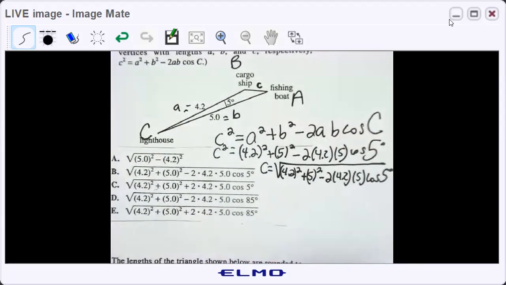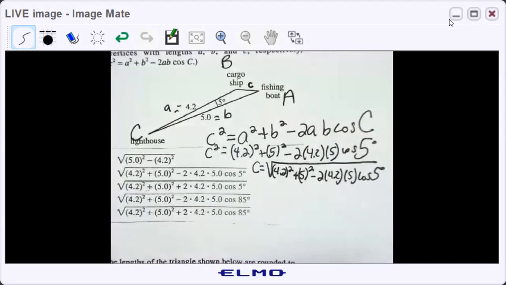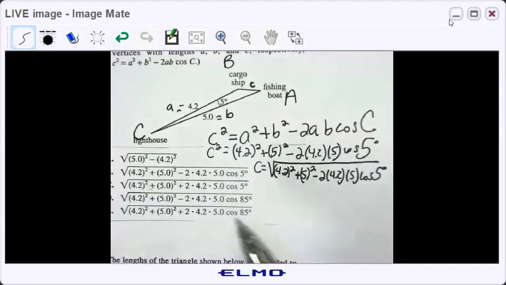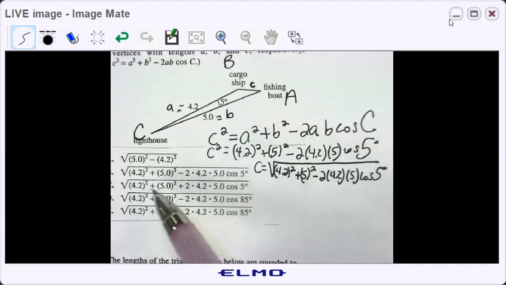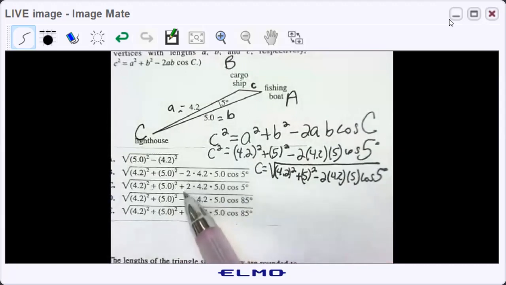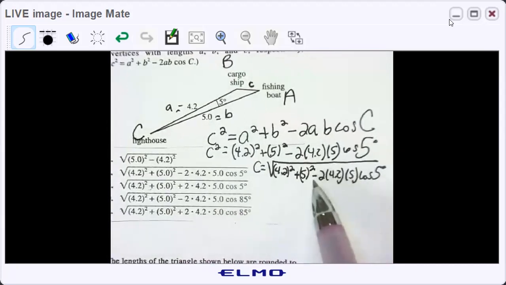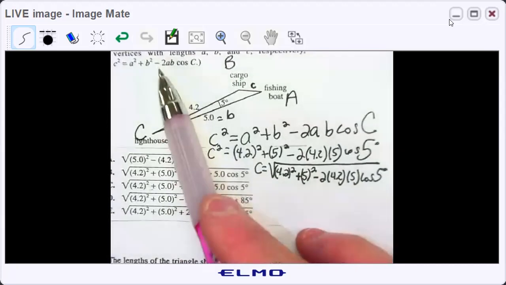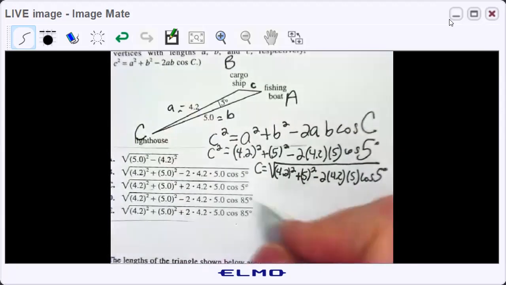Let's see if I can scoot it over where you can still see the answers. All right, now, if you look at the answers, B and C are the only ones that look okay, and they're pretty much identical, except this one has a minus and this one has a plus. Well, we know the minus came from the original formula up here, so it has to be choice B.